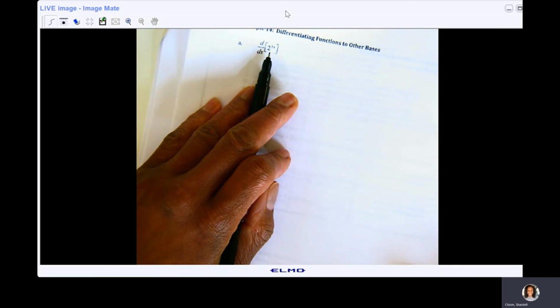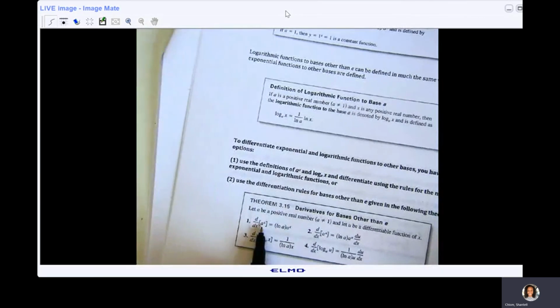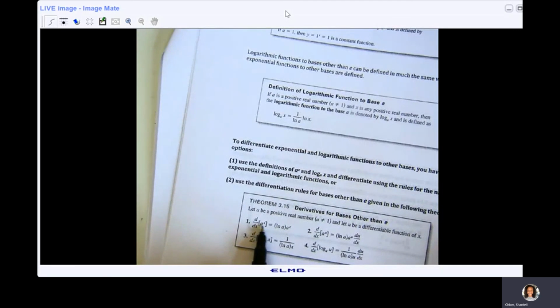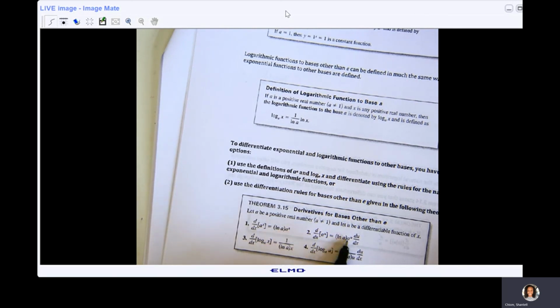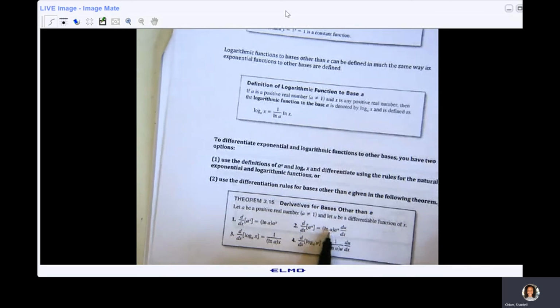Here you've got the derivative of 2 to the 3x, so you've got a base of 2 this time. Okay, so think about it. Derivative base of 2, it's going to be ln of 2, and then keeping the 2 to the x, so it'll be 2 to the 3x, and then we'll take the derivative of the inside of x. So it's more so this one actually.